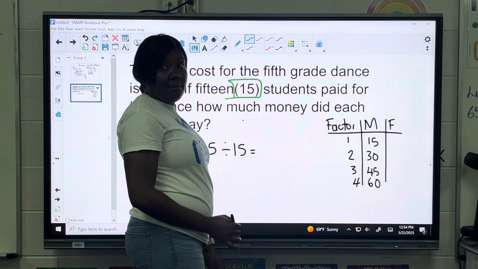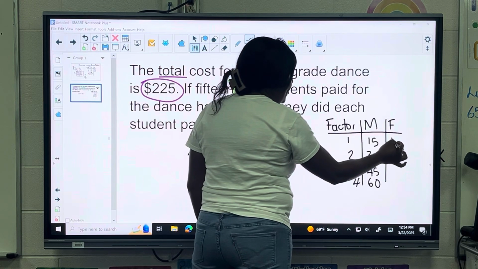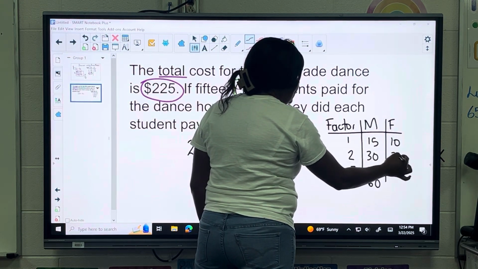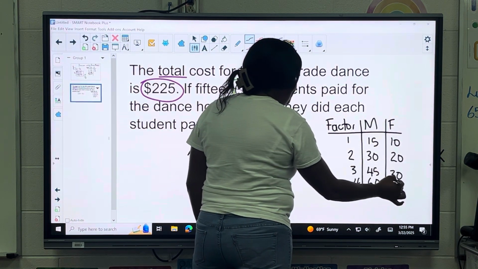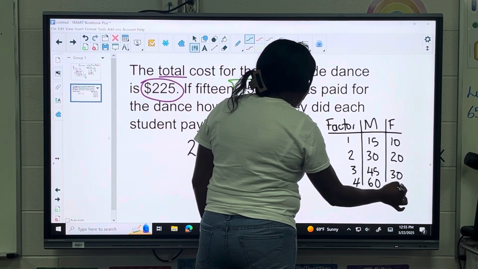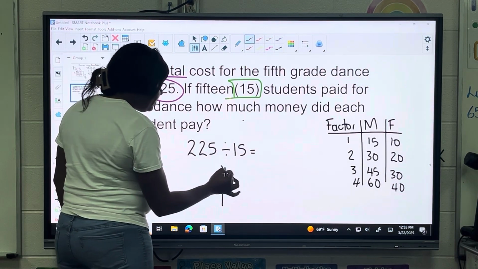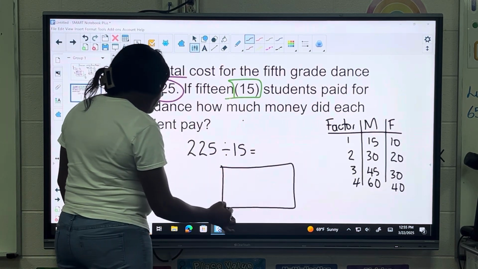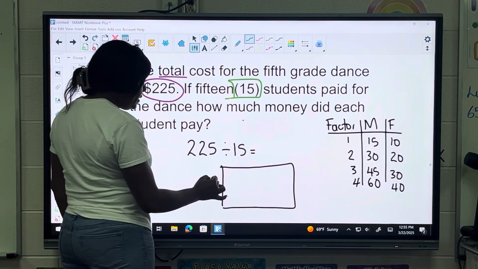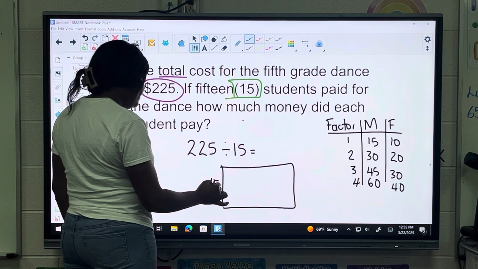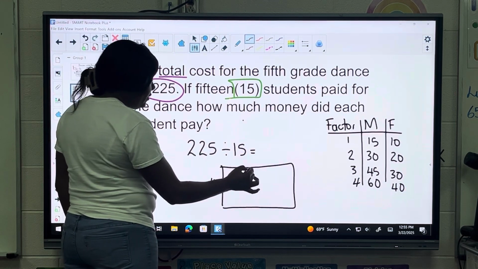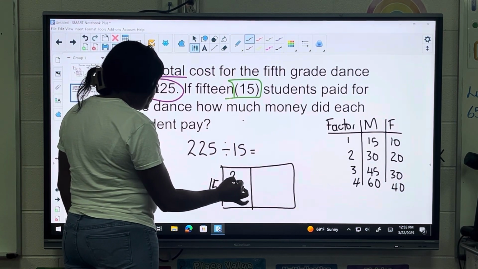Then I'm going to write my friendly numbers: 10, 20, 30, 40. These are my friendly numbers. Alright, boys and girls, let's draw our area model. Remember, your divisor goes on the outside and your dividend goes inside.